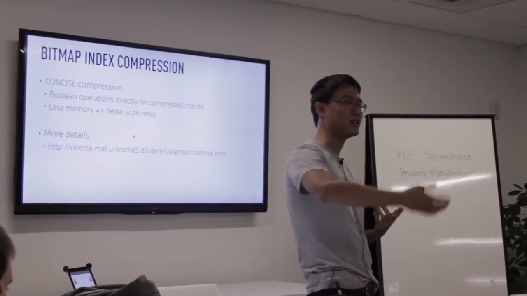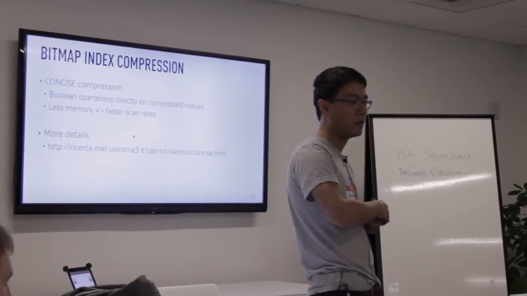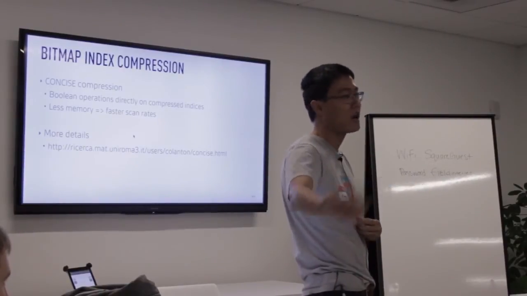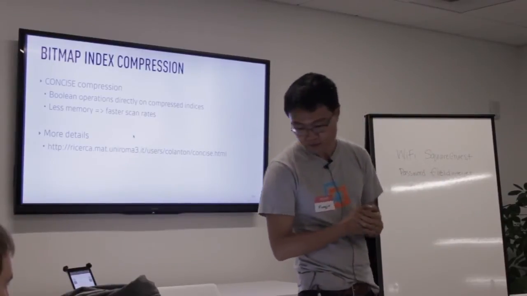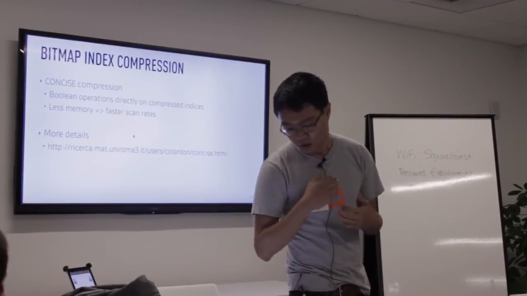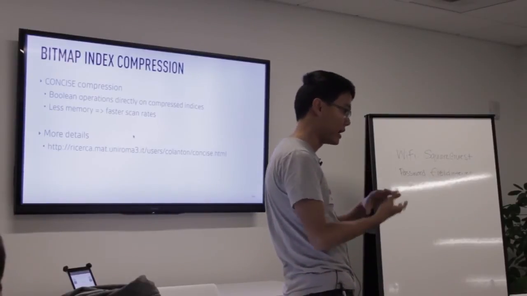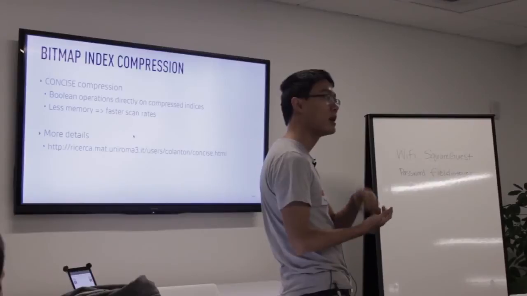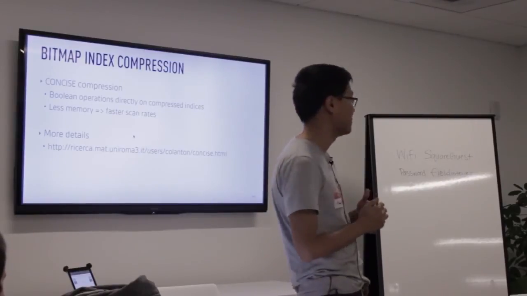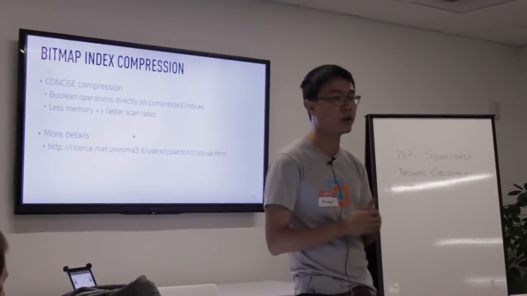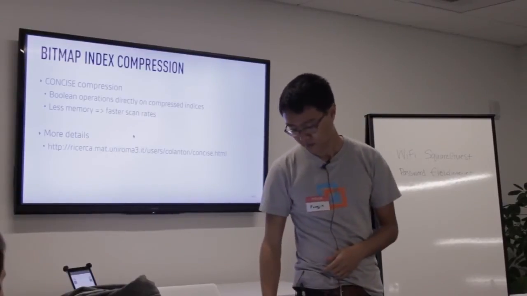And concise is really just a more efficient implementation of word-aligned hybrid, which itself is really just a variation of run length encoding. So we store our compressed bitmap indexes, and we never decompress for any queries. And what that lends itself to is using a lot less memory when queries are issued, and subsequently faster scan rates as well.